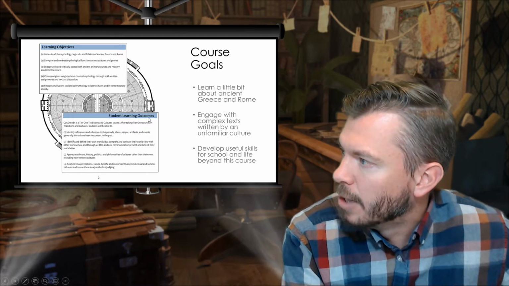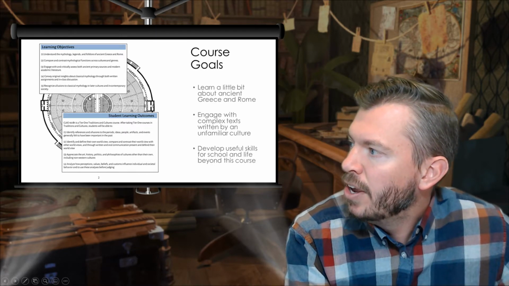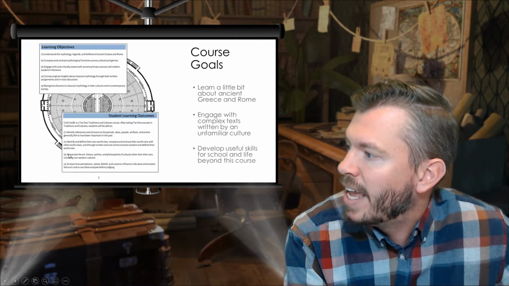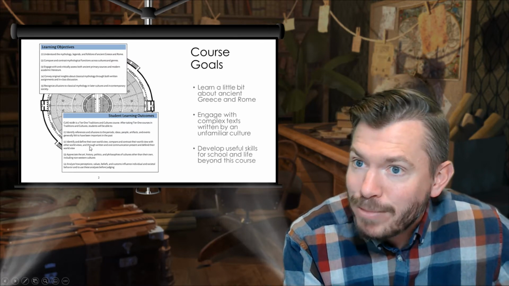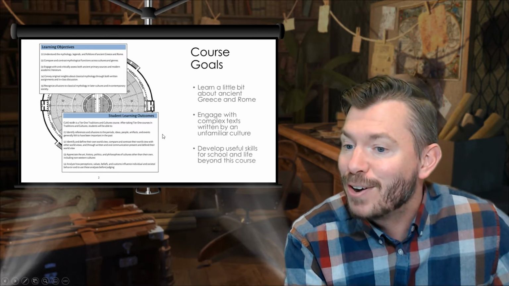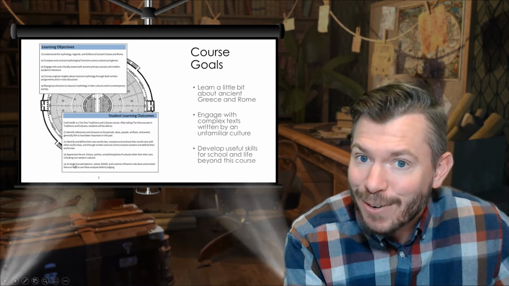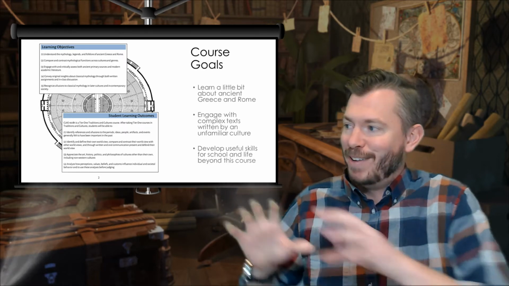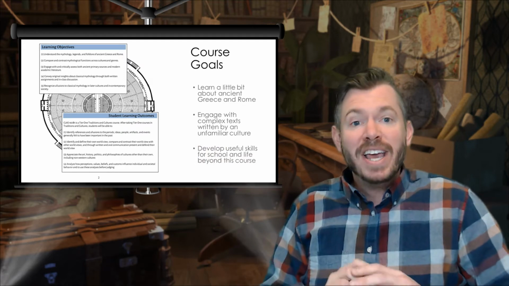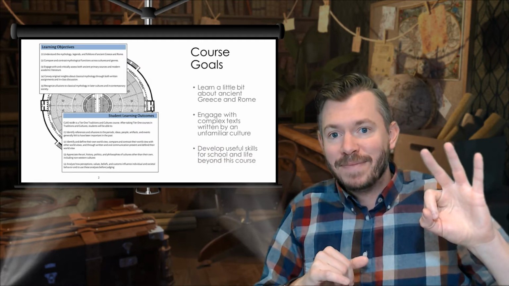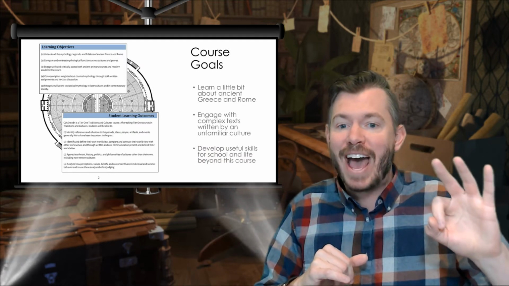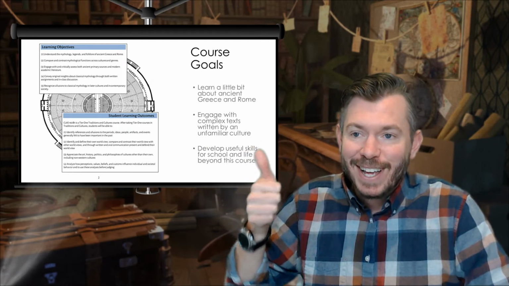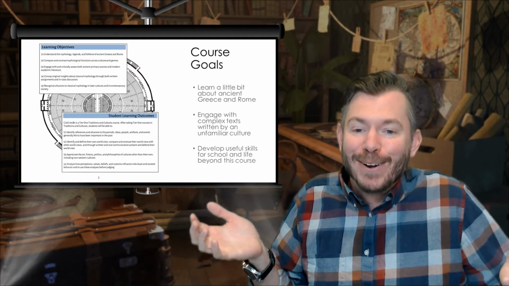Now, if you get online and go to the syllabus, you're going to see a handful of different learning objectives for the class, a handful of different student learning outcomes as a classics 160 level tier 1 general education course. Really, for me personally, even though these things need to be in the syllabus, it boils down to 3 things, right? I want you guys to take 3 things out of this class when you finish. So, thing the first, I do want you to learn a little bit about Greece and Rome, all right?